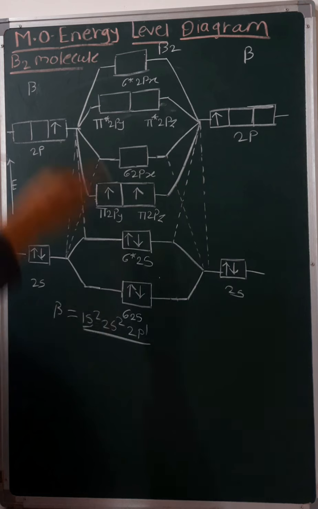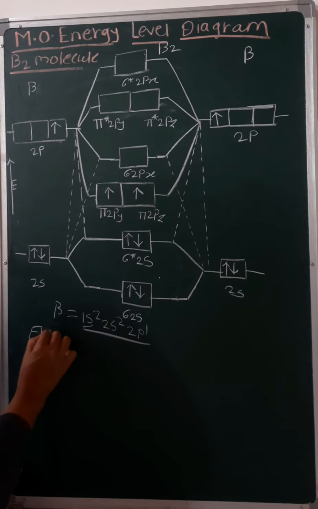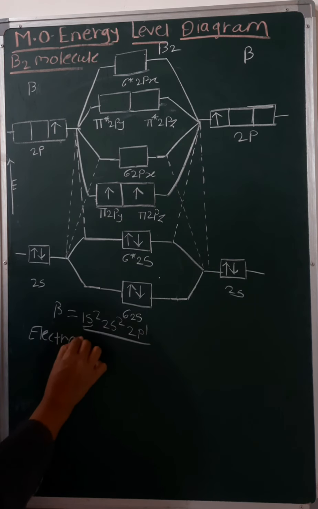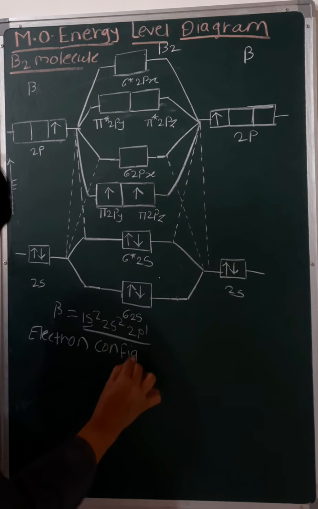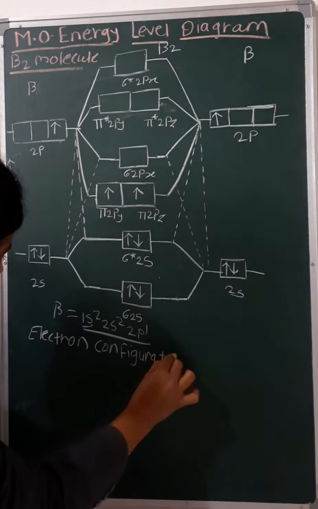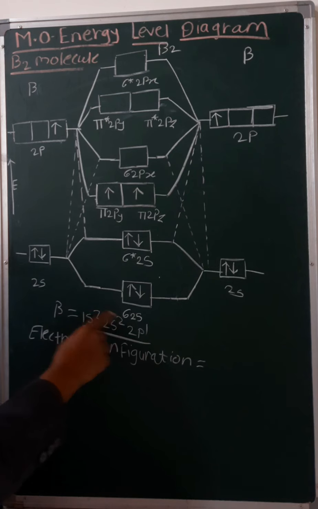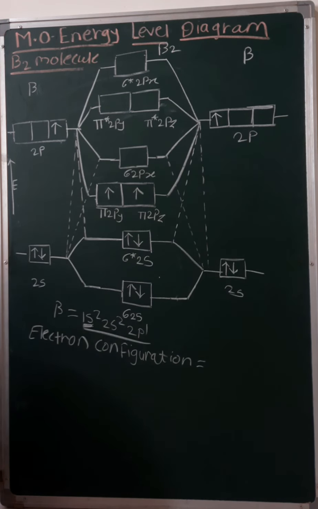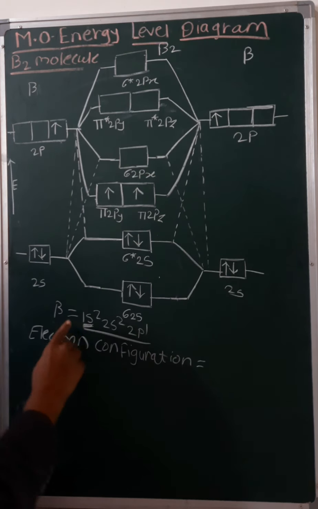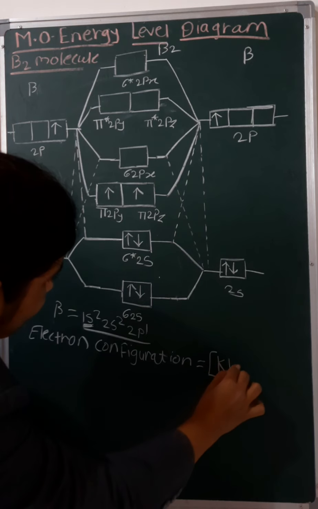From this molecular orbital energy level diagram, firstly we find the electron configuration of the boron molecule. The letter K is written because the 1s orbital becomes non-bonding. Since a total of 2 boron atoms are involved, the K letter is repeated.